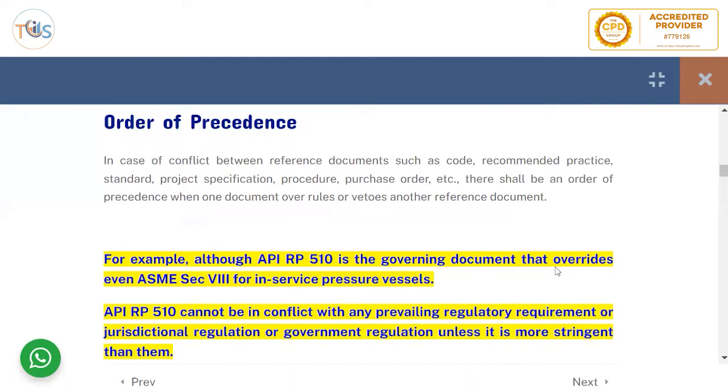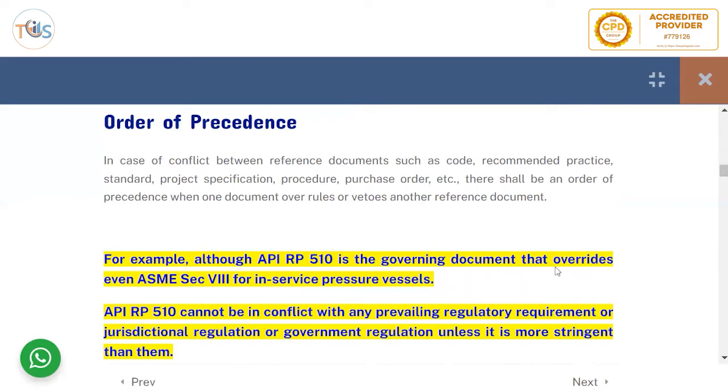Now, order of precedence. If there is a contradiction, say between API 510 and ASME Section 8, as we know, API 510 is applicable the minute the vessel is put into service, the first fluid has gone into it. So if there is any contradiction whatsoever, then API 510 takes precedence. Normally, codes always take precedence over recommended practices.